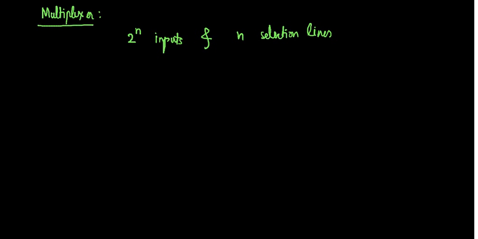This circuit is there everywhere. Almost all digital electronics have this circuit where you need to deal with multiple data. When there is a problem of selection, we have to use this circuit with 2 to the power n inputs and n selection lines.